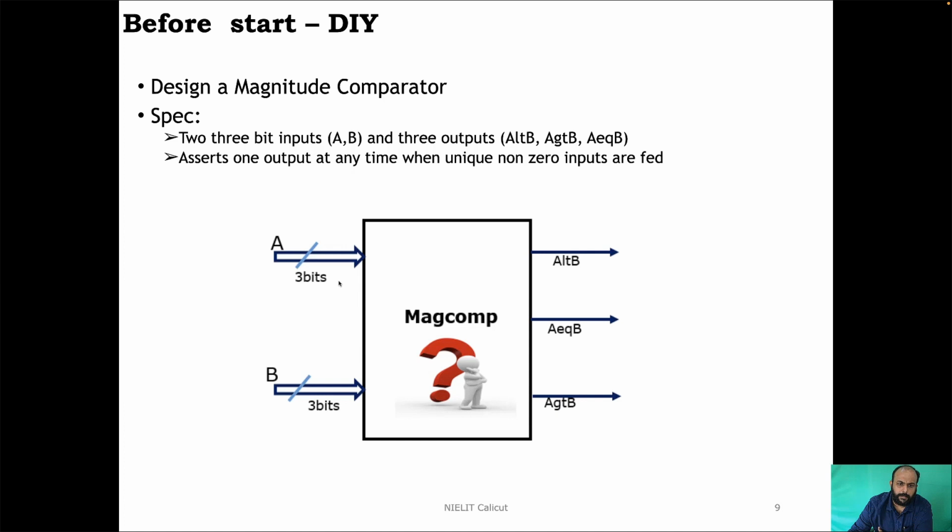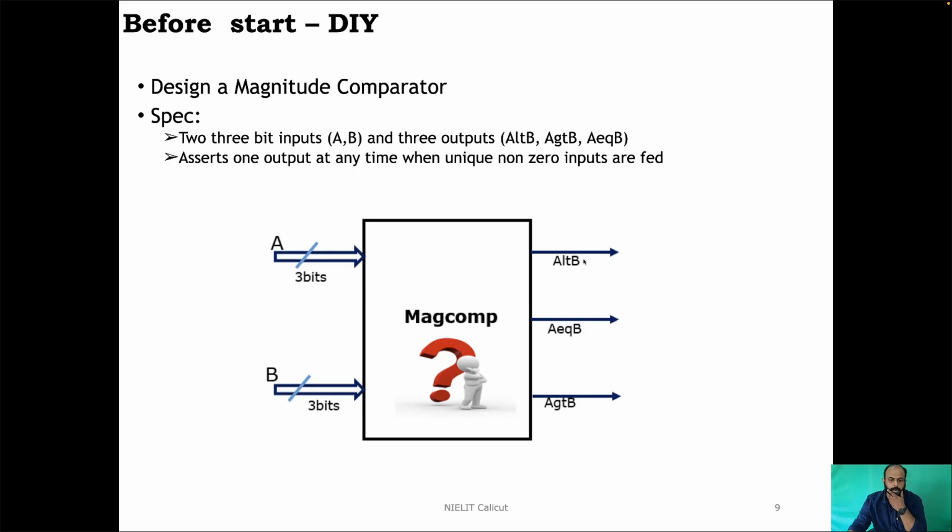When you enter A and B at any point of time, one of these outputs should be high and the rest should be 0, because either they are equal, or A is less than B, or A is greater than B. Depending upon the actual comparison this hardware makes, the output should come up. So this is the requirement.